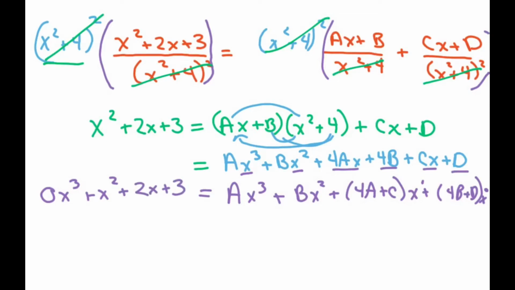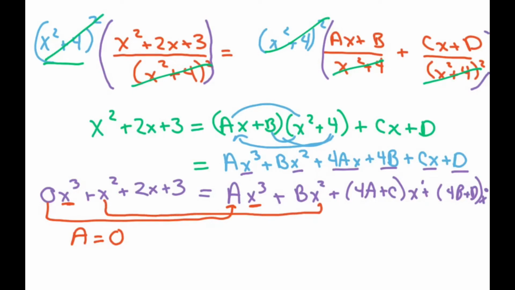Now what I'm going to do is I'm going to match things up. When I match things up, I'm going to match my x cubes up. So that means a equals 0. I'm going to match up my x squares. There's a 1 here, so that means b equals 1.